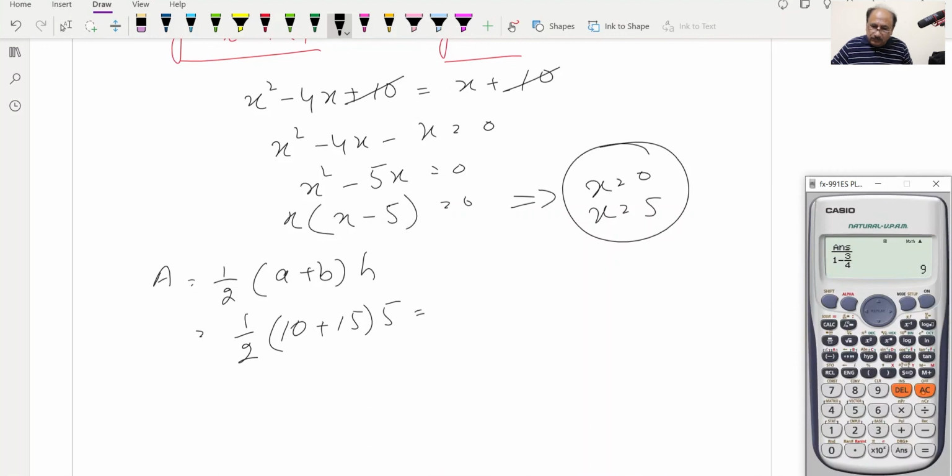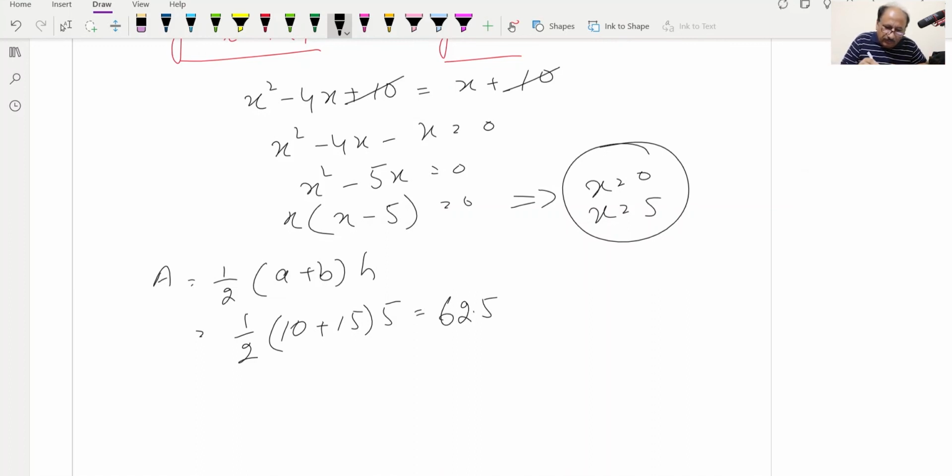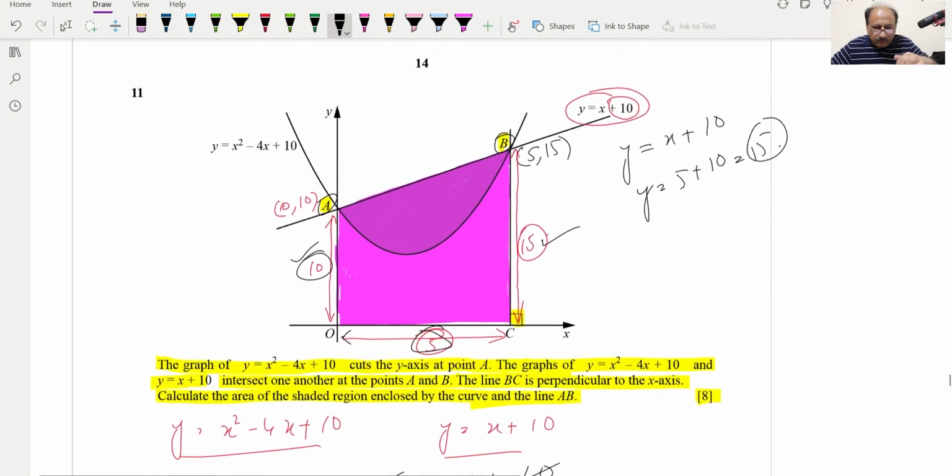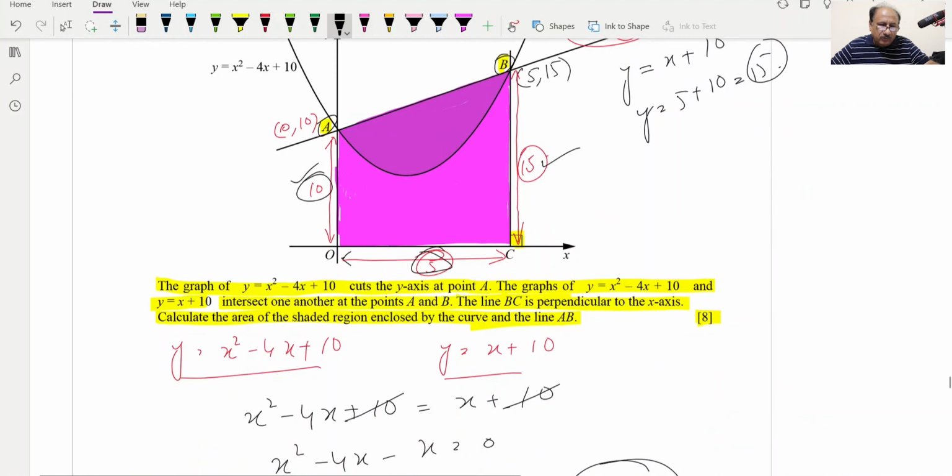We can simplify this. 0.5 into 10 plus 15 will be 25, and multiplied by 5 will be equal to 62.5. So we can write here 62.5. This is basically the trapezium area, the complete area which I have shaded over here.